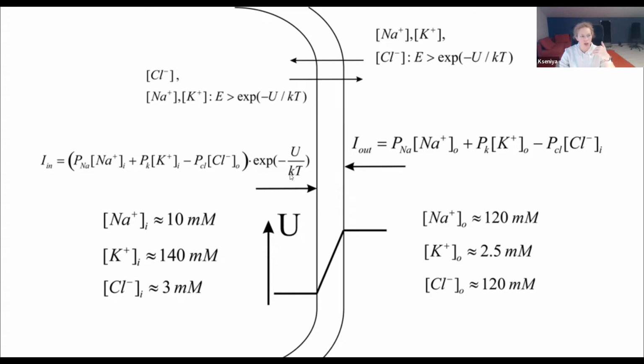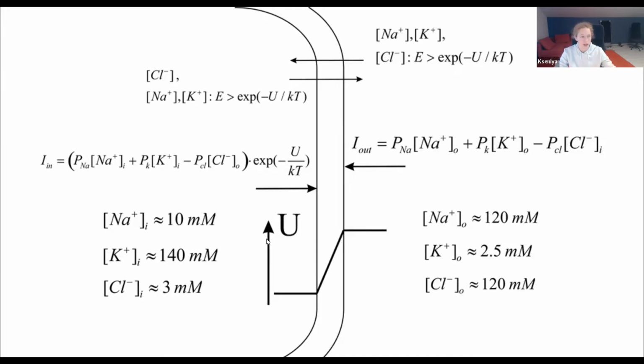For example, if the ions are charged positively and the field is from outside to inside, they can't go outside because of the field.